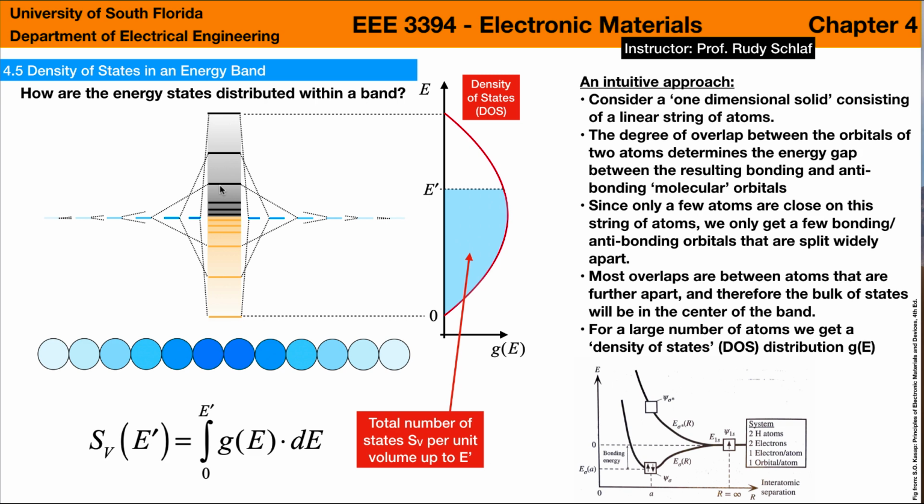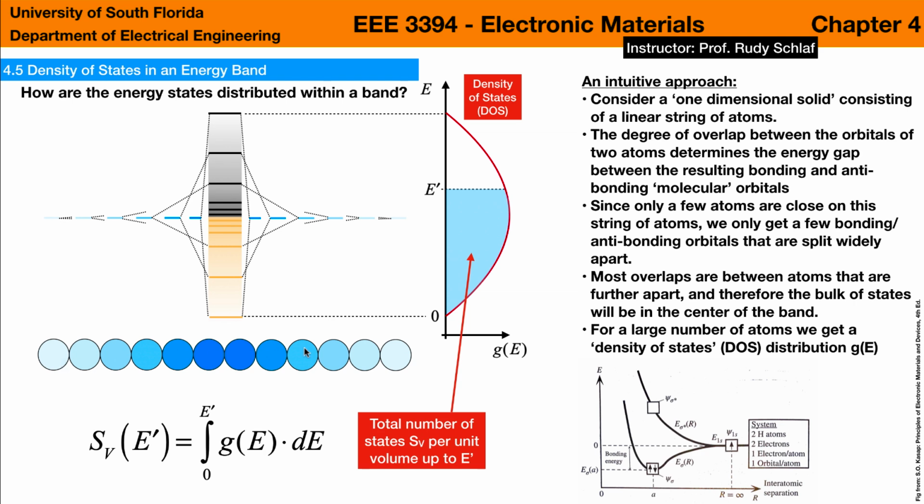And so here I want to give you first an intuitive approach to determine how these energy states might be distributed within a band before we calculate it for the example of the infinite potential well.